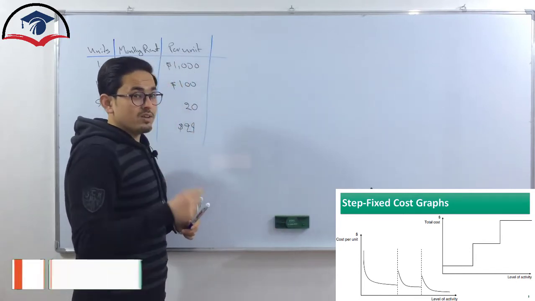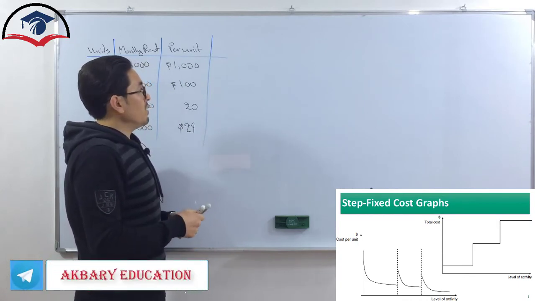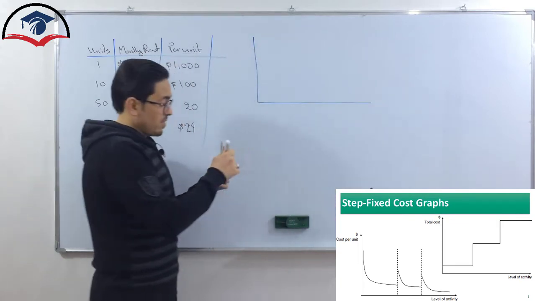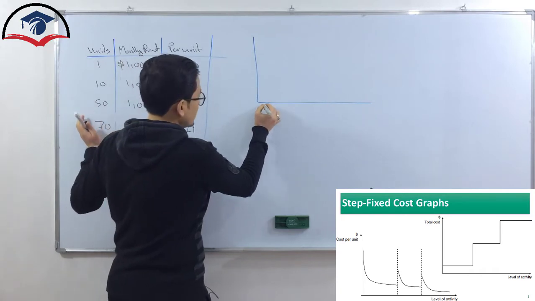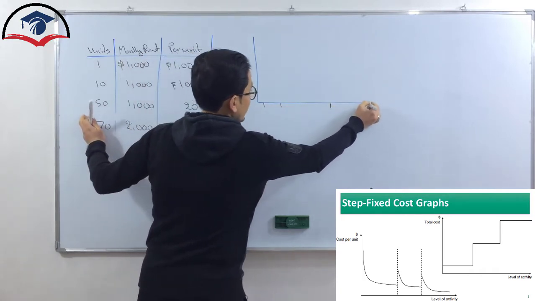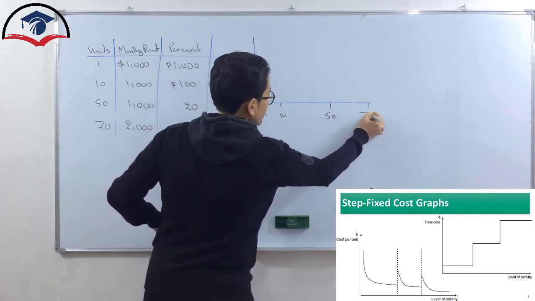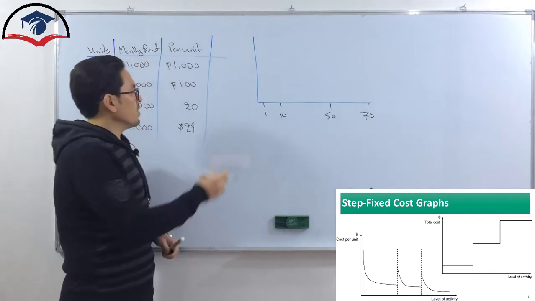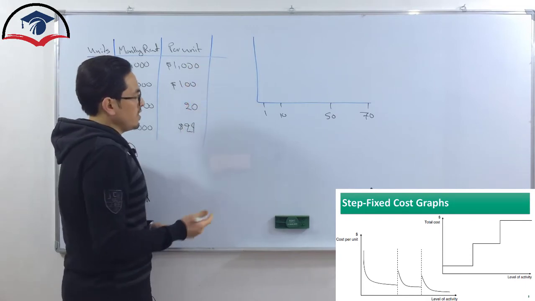Is there anyone good with drawing to help me with this one? Let me try my best. The level of activity, we can have here 1, 10, 50 and 70 students, and the cost per unit is what? $1,000, $100, $20 and $29.